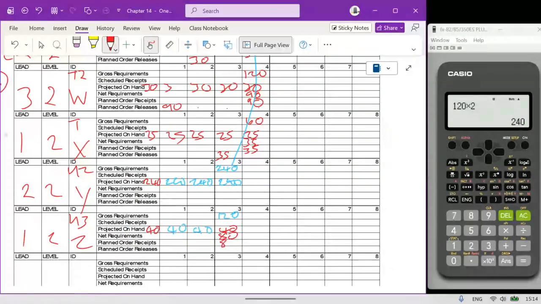Sir, isn't it supposed to be 360 because Z comes from 3U? Hey, what am I thinking now? Yeah, that's clever there, thanks. So it's 120 that we are dealing with. So we're going to multiply by 3. Yeah, 120 multiplied by 3 becomes 360. This one. Thanks.